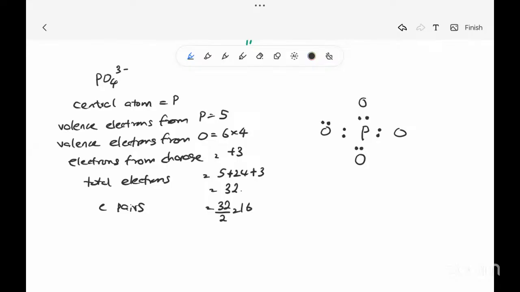We have to place the lone pairs for the terminal atoms like this. Now 7, 8, 9, 10, 11, 12, 13, 14, 15, and 16.